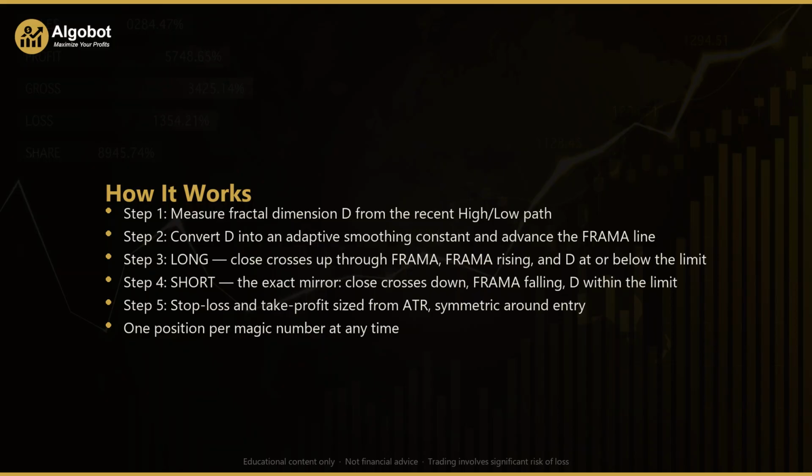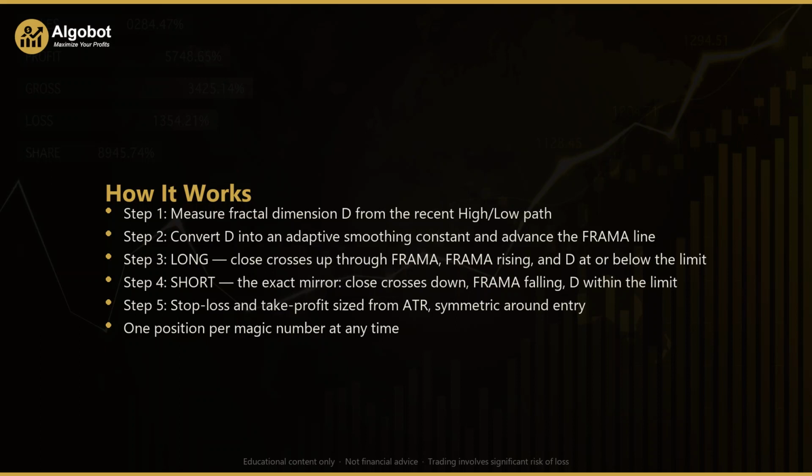Now the entry conditions. For a long trade, 3 things must all be true on the just closed bar. 1. The close must have crossed up through FRAMA, meaning the previous close was at or below the line and the current close is now above it. 2. The FRAMA line must be rising, measured over the slow lookback of 3 bars. And 3.